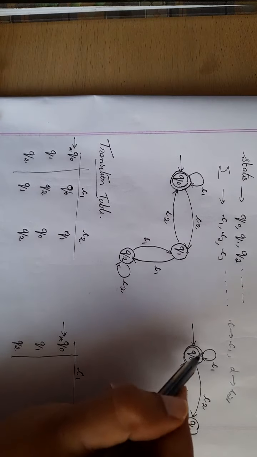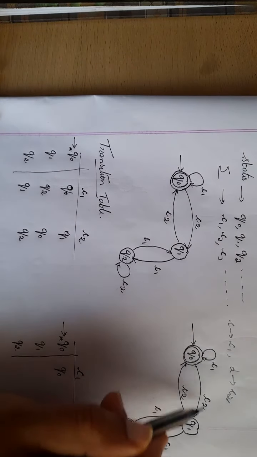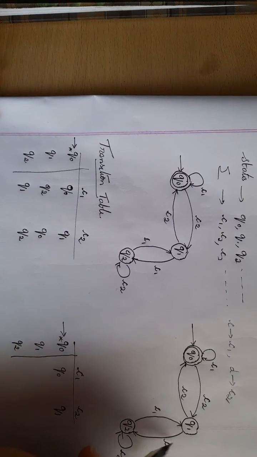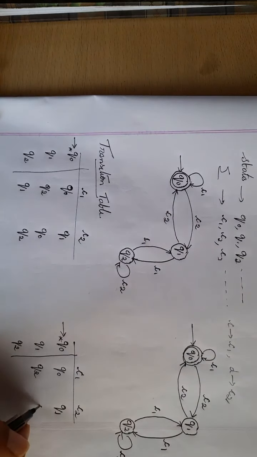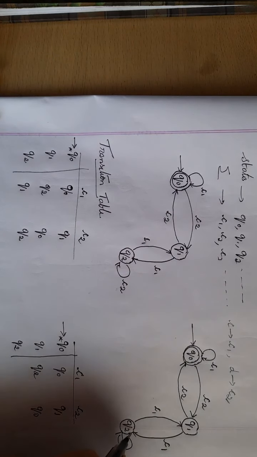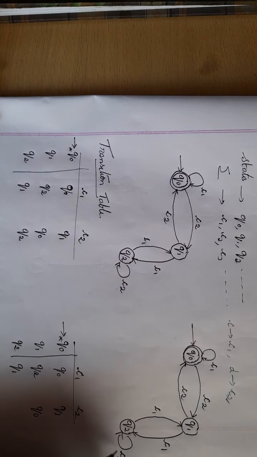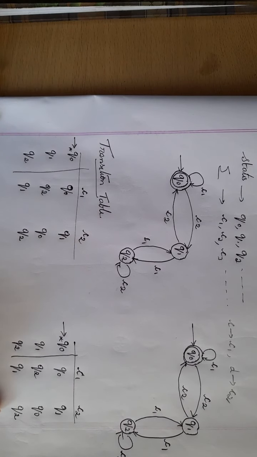From Q0, if I read C1, it is Q0. If I read C2, it is Q1. From Q1, if I read C1, it is Q2. If I read C2, it is Q0. From Q2, if I read C1, it goes to Q1, and if I read C2, it goes to Q2 itself. So you have got the transition tables for both the diagrams.